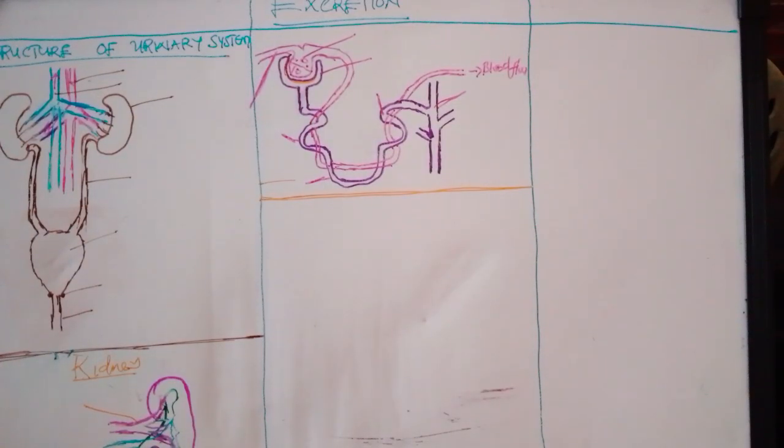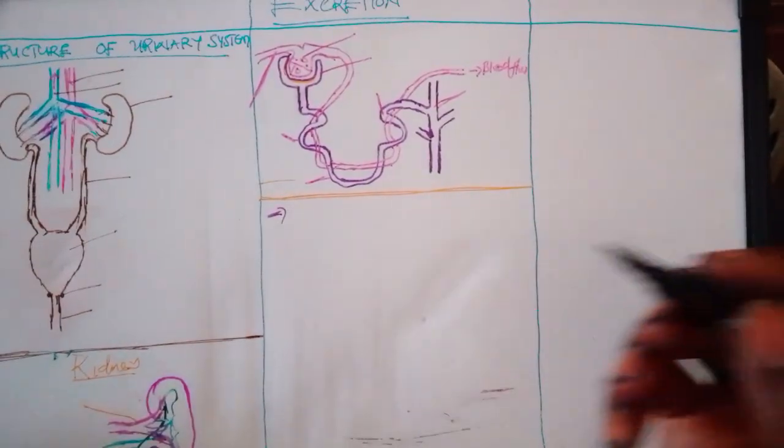Those processes, of course, produce waste products once the process is done. So that's where excretion comes in, so that it can remove those wastes because they can become harmful to our body.